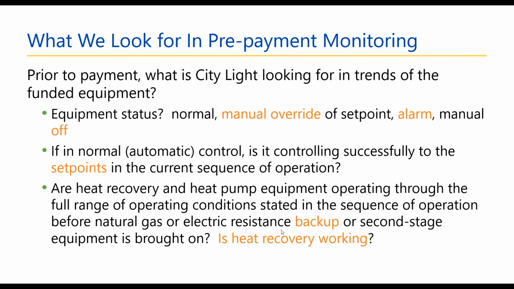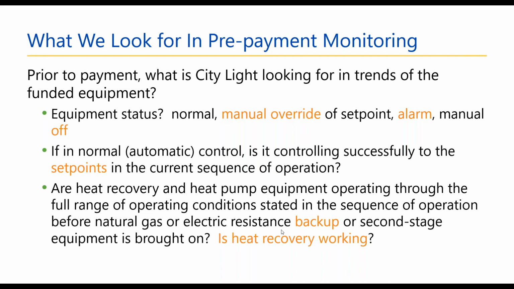And so once they get it into normal automatic control, then the question is, does the equipment automatically control successfully to its set points? And does that set point match what is expected in the sequence of operations that was written by the designer? And then finally, we're looking at whether or not the equipment is able to operate not just when I walk up to it and look at it, but whether it's operating successfully through its full range of operating conditions.